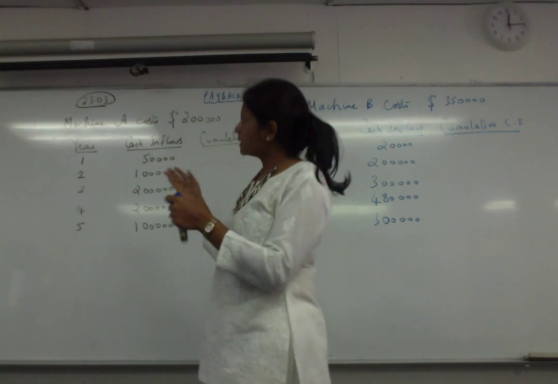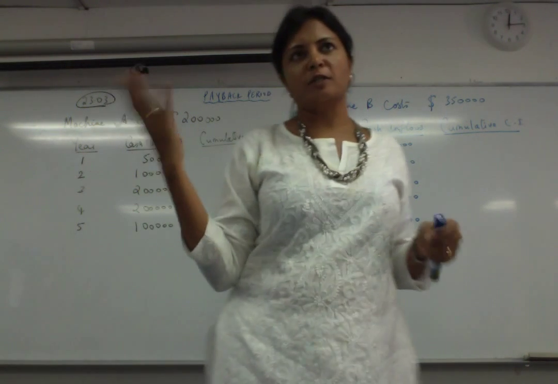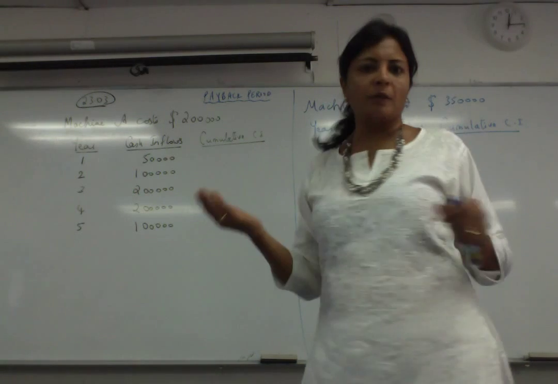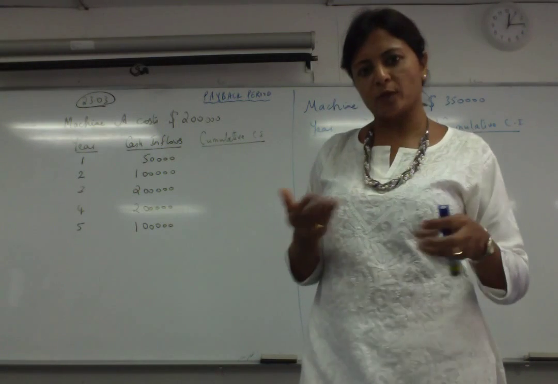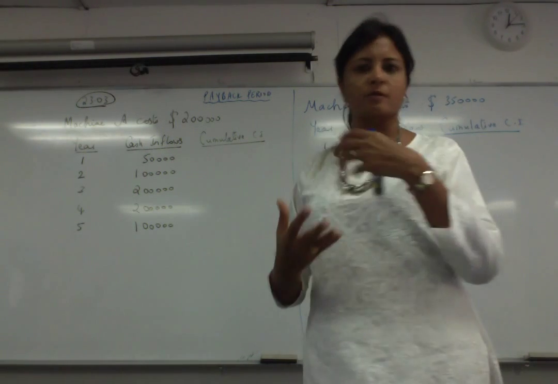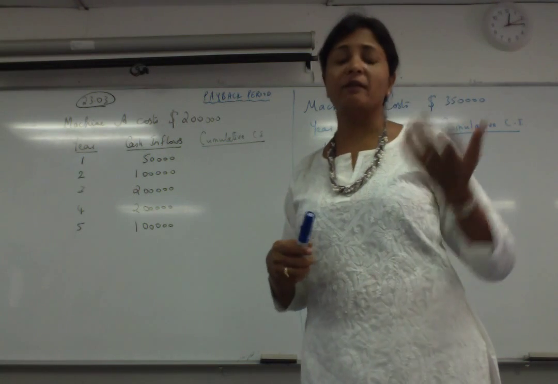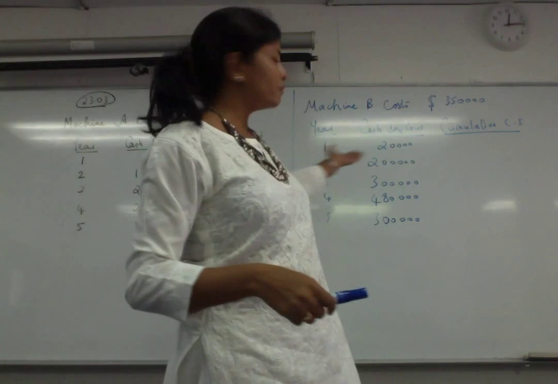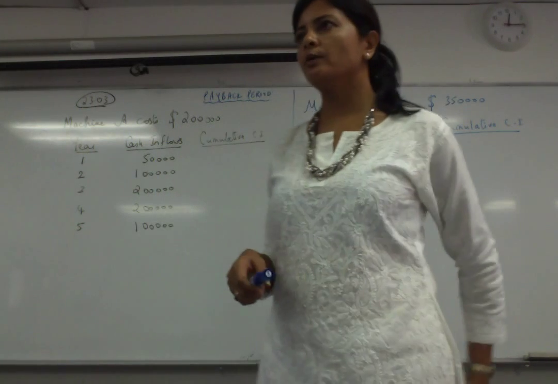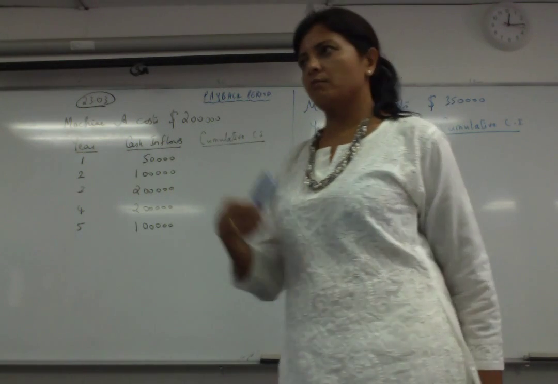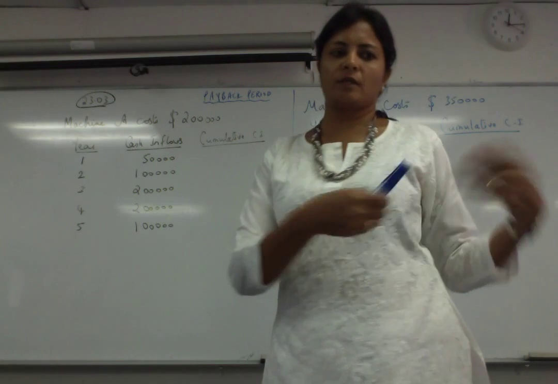So if I were to simplify the question itself, machine A could be, say, your school wants to invest $200,000 on a vending machine. They have another choice. They could invest it in something else. So you've got to decide whether they should go for the vending machine or the other machine.